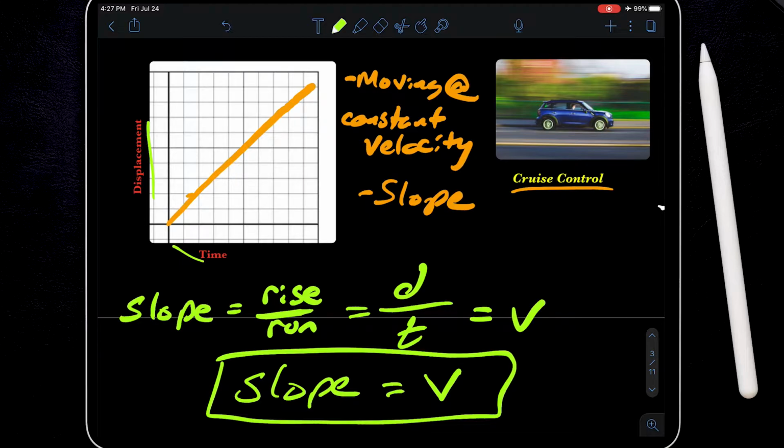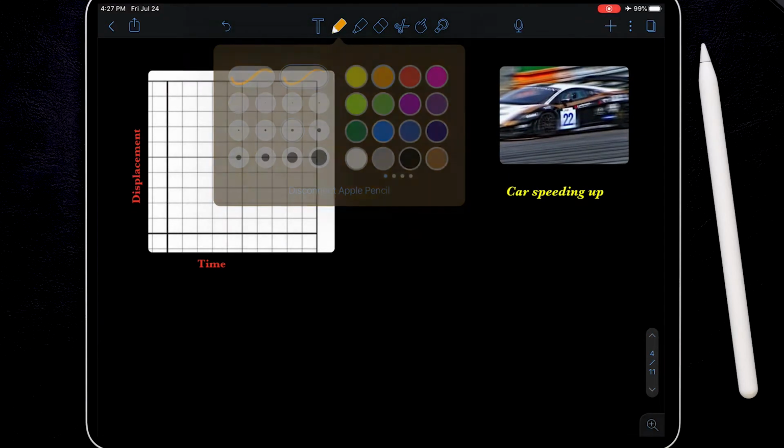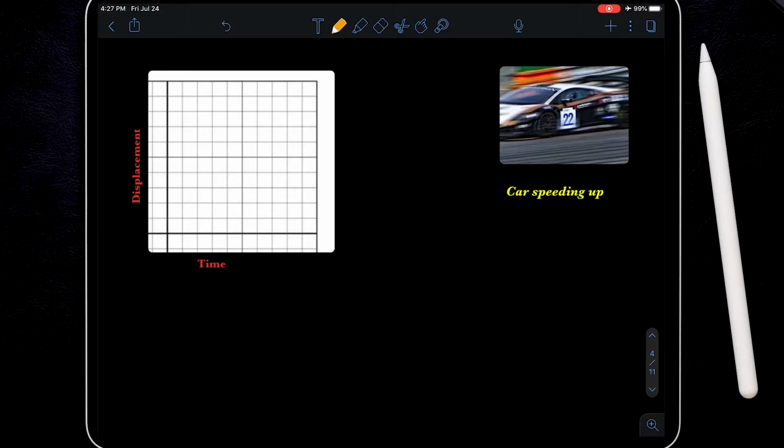Okay? So taking that, the idea of slope, and the steeper the line is, the faster it's moving, let's go and do another displacement versus time graph, one where a car is speeding up. Now, if a car is speeding up, what do we call that? We call that acceleration, exactly.